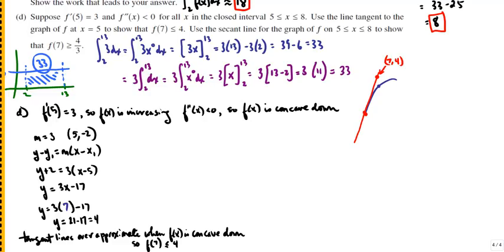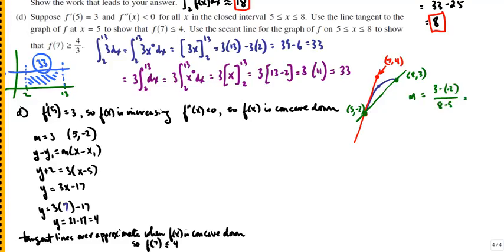Second of all, we want to use the secant line for the graph of f on 5 to 8 to show that f of 7 has to be greater than or equal to 4/3. So we're given originally that at x equals 8, the value of the function is 3, and we want to use the line that passes through (5, negative 2) and (8, 3) to show that the approximate value using that line has to lie below the actual curve.